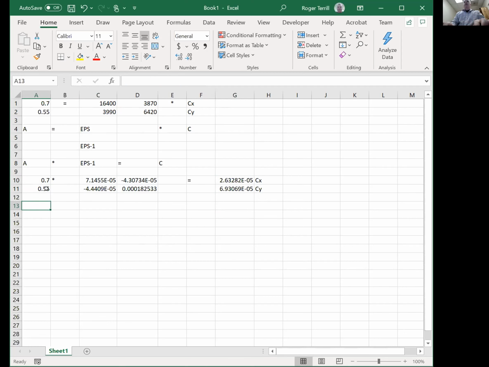This should equal Cx times epsilon x plus Cy times epsilon y. Oh my God, it came out to exactly 0.7.